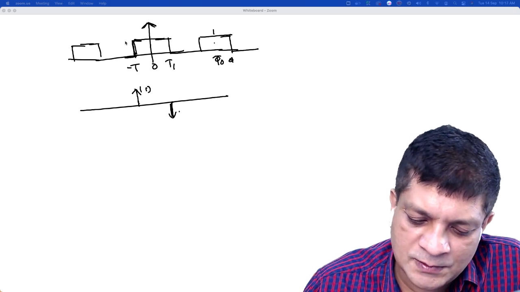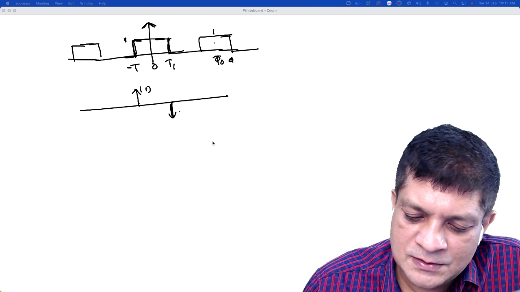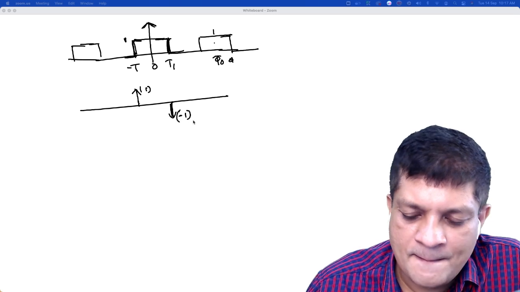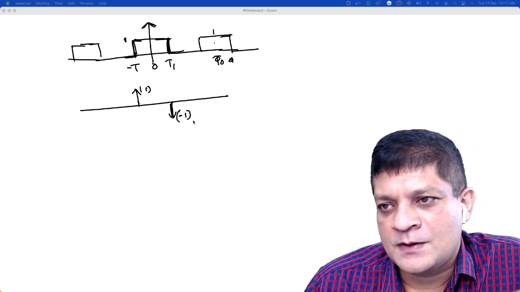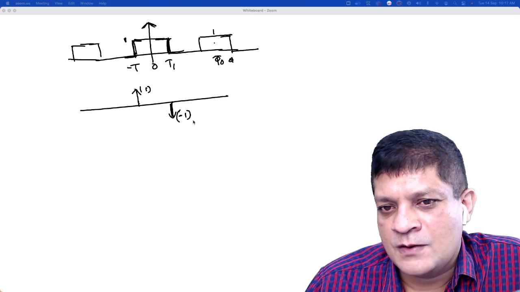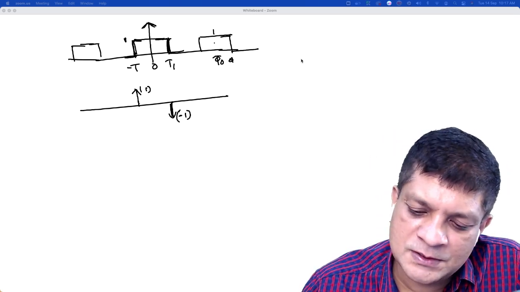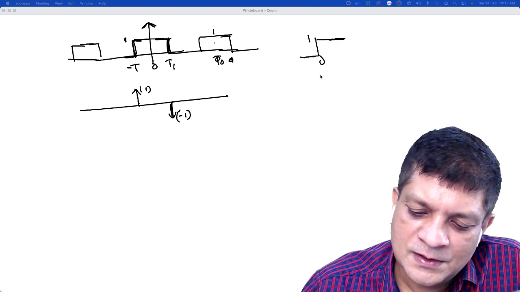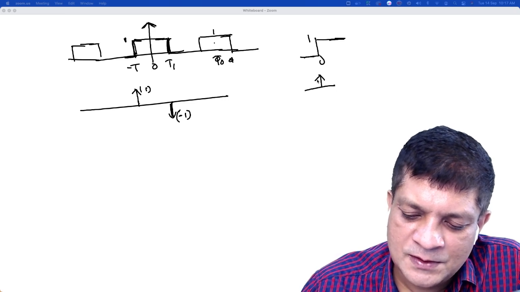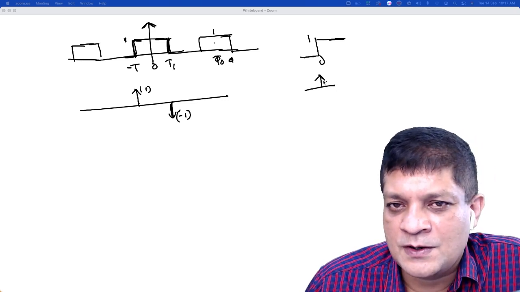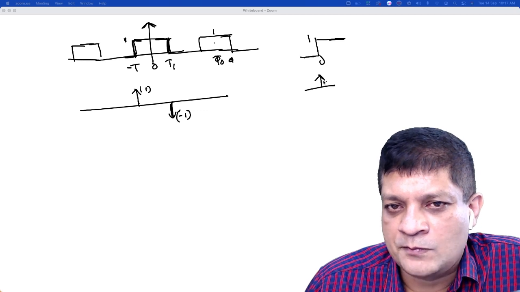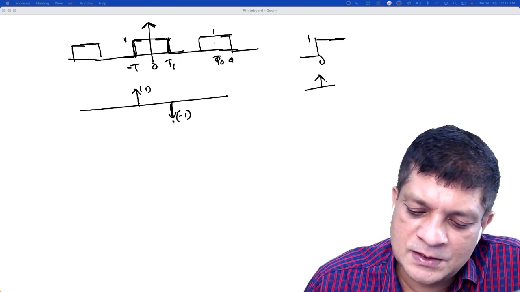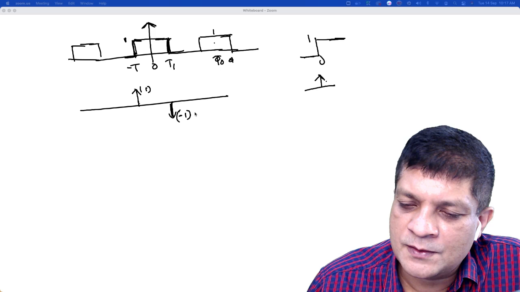So here the height is 1. And this is a jump from 1 to 0, so the height is -1. That is related to the unit step function. The derivative of a unit step function is a unit impulse, right? And if you multiply with -1, you get an impulse of strength -1.